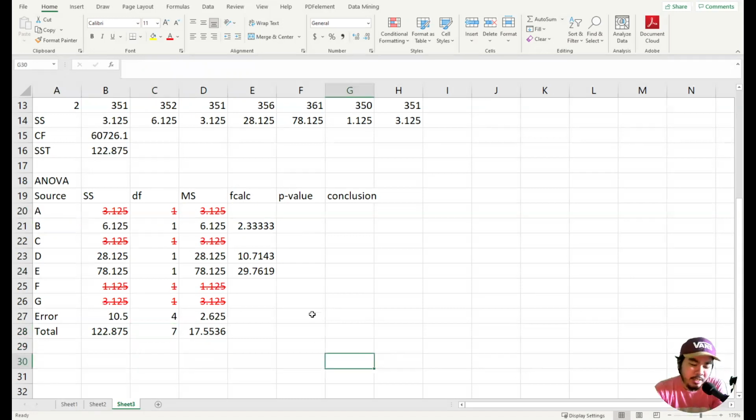So for example, let's just say we have 9 as the total degrees of freedom. Then roughly, half of 9, it should be greater than or equal to half of the total value. So for 9, we should have at least 5 degrees of freedom here.